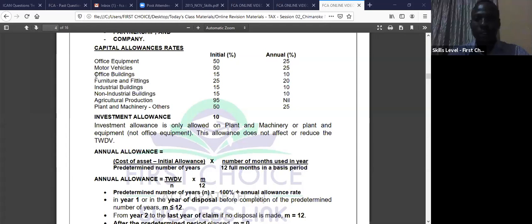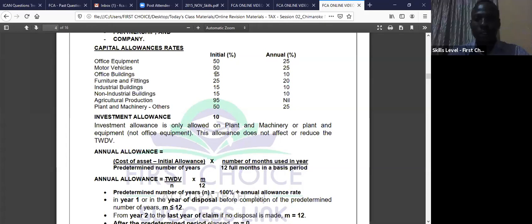Office building is here. Industrial buildings. Anything you see, buildings, non-industrial buildings, all of them have the same rate. So let's say industrial building is factory buildings. Initial allowance is 15%.